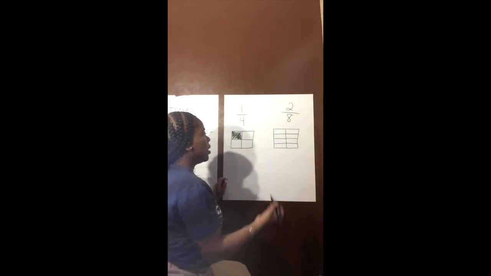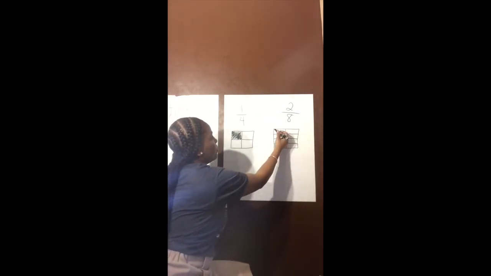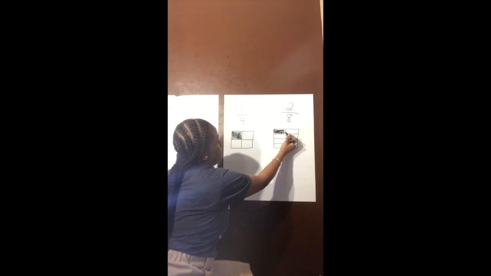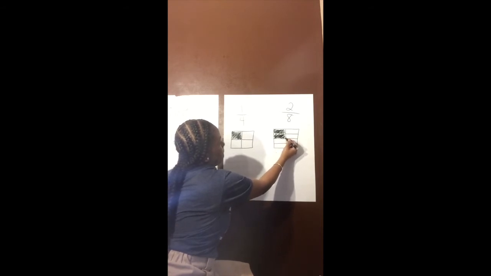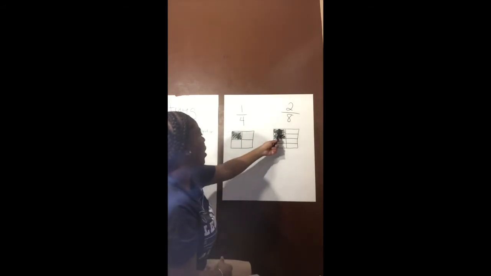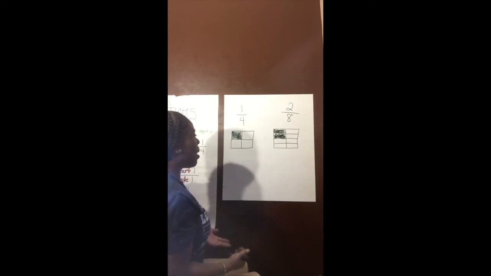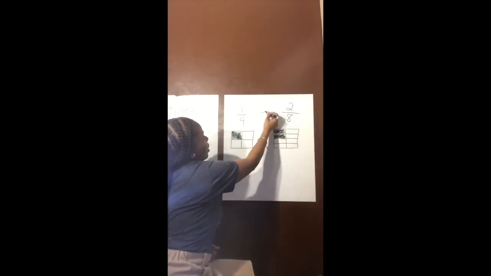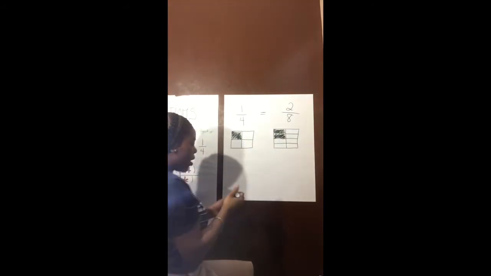Now I'm going to shade in 2/8. And as you can see from me shading in 2/8, that 1/4 and 2/8 take up the same amount of space. So these two fractions are equivalent. So these two fractions are equal.